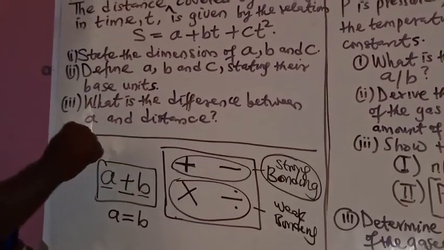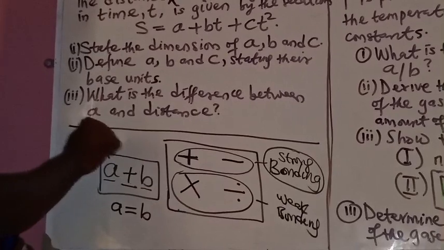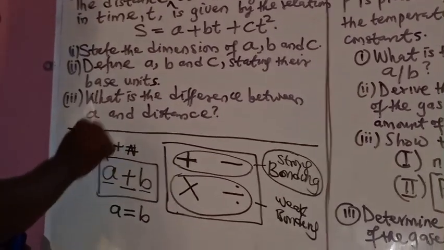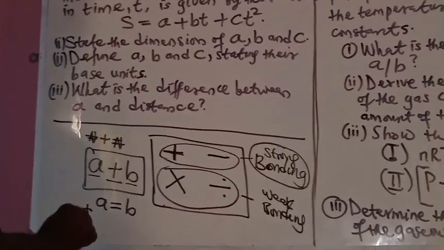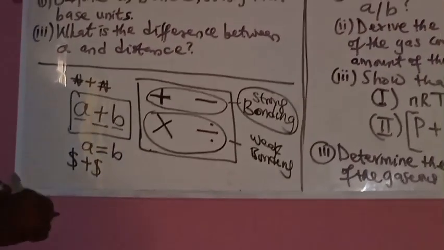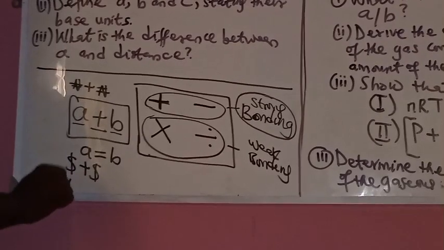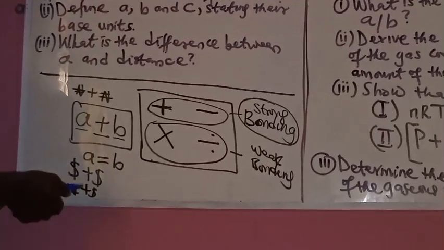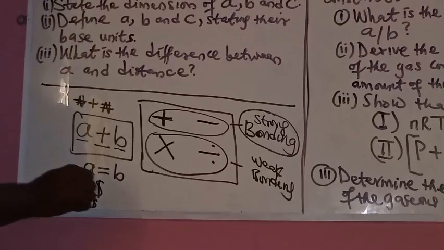For example, naira can be added with naira. Dollar can be added with dollar. But you cannot add naira and dollar together except you make a conversion.